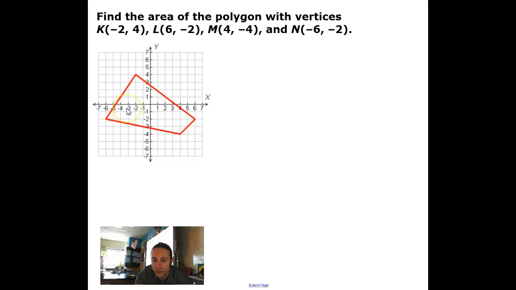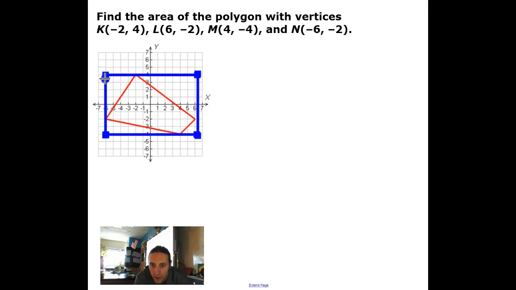What we're going to do is use a process called subtraction. What I need to first do is make a box, a rectangle, around the entire figure, like this. I'm making a box that includes all the corners, so to speak.